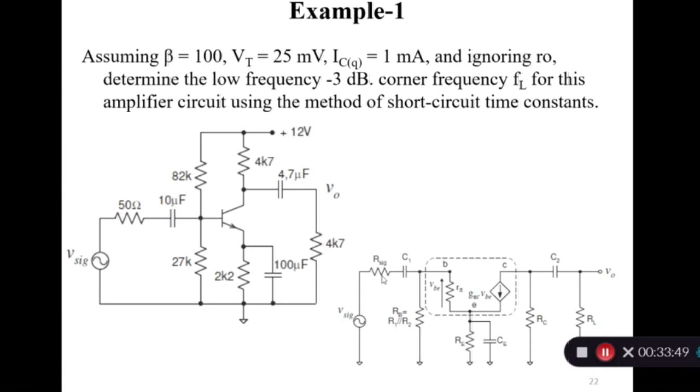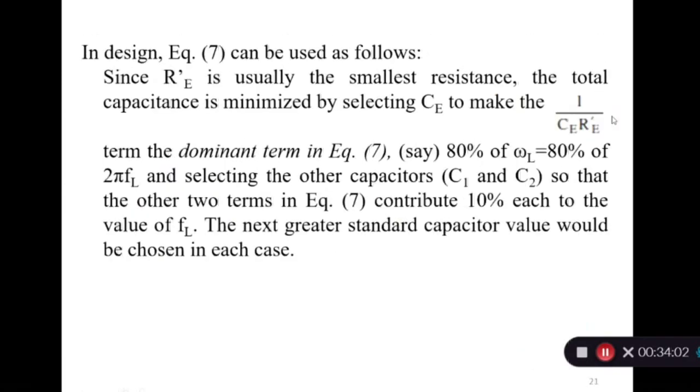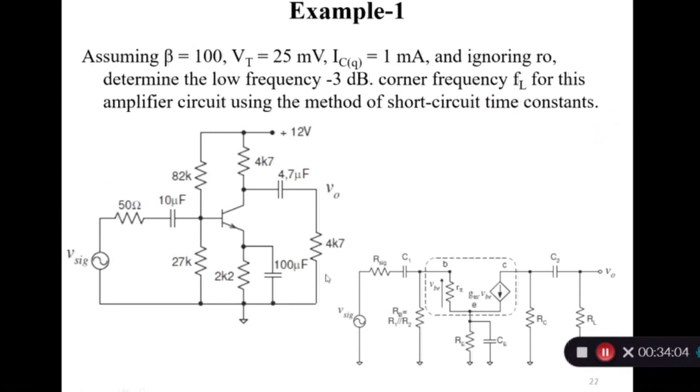Why? Because here we have to take the parallel combination RB parallel R5, like in the formula. So we use that formula. The resistance looking from C1 you can name RC1.